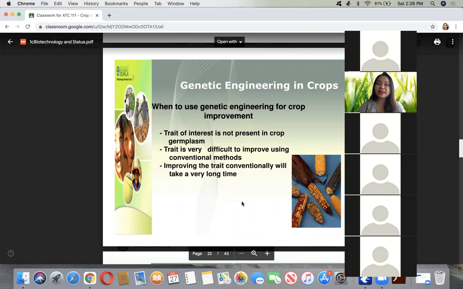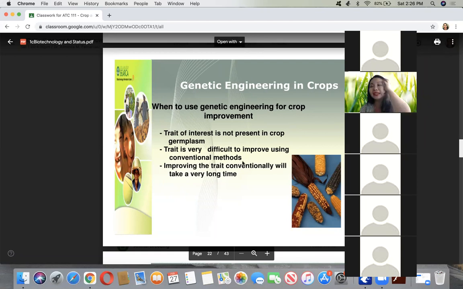Now, once it is inserted into the genes of this corn, and the corn borer, as they attack the corn, they immediately are poisoned. So that's one of the traits of interest, and the trait is very difficult to improve using conventional methods. So you use genetic engineering.